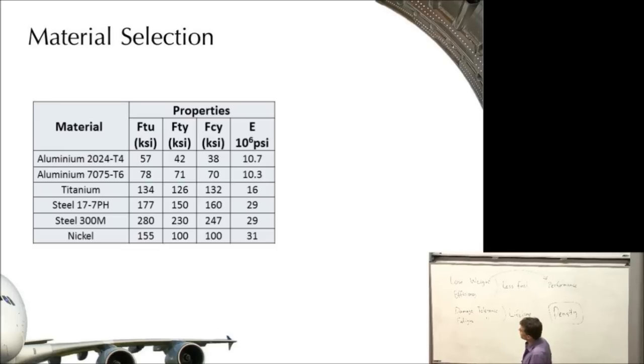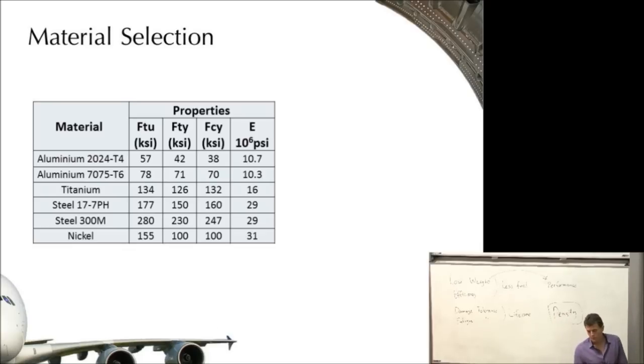Now, aluminium has a yield stress of 42 KSI, and some of the steels are 150 or 230. So that's a huge difference, and aluminium has a modulus of around 10, and steel has a modulus of around 30.